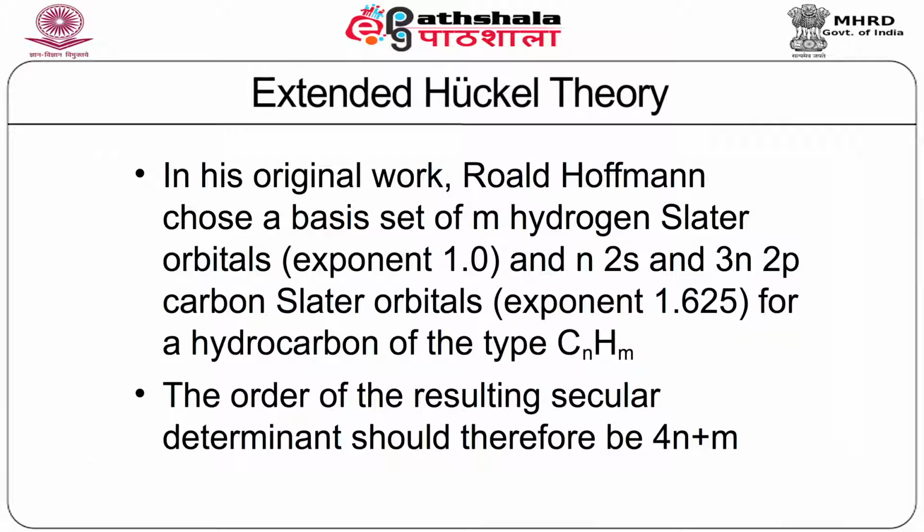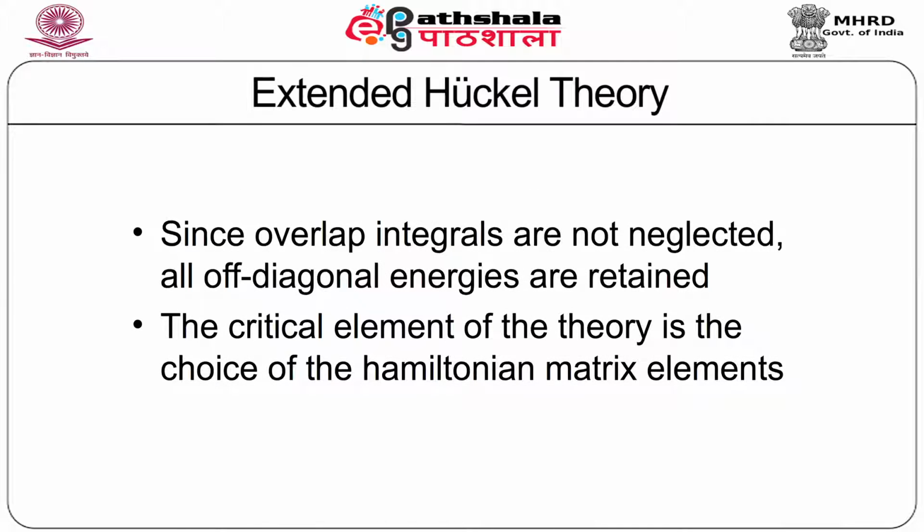The order of the resulting secular determinant should therefore be 4n plus m. Since overlap integrals are not neglected, all off-diagonal energies are retained. The critical element of the theory is the choice of the Hamiltonian matrix elements.